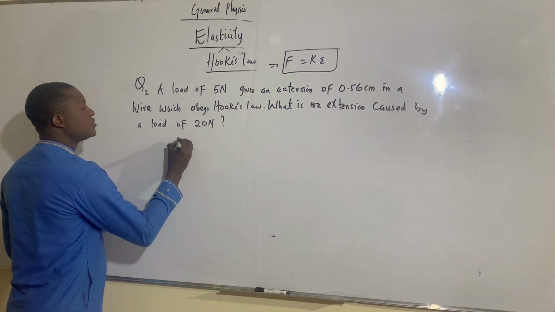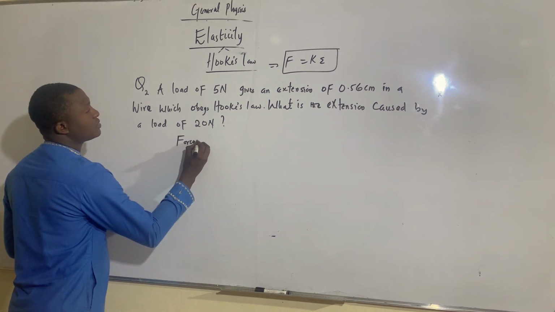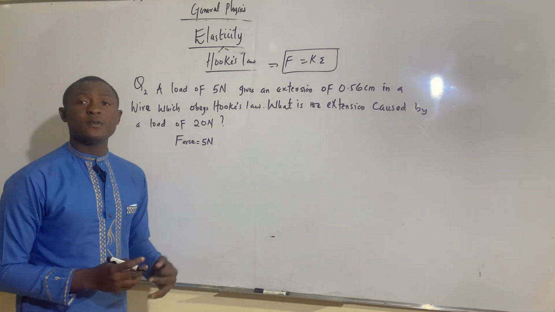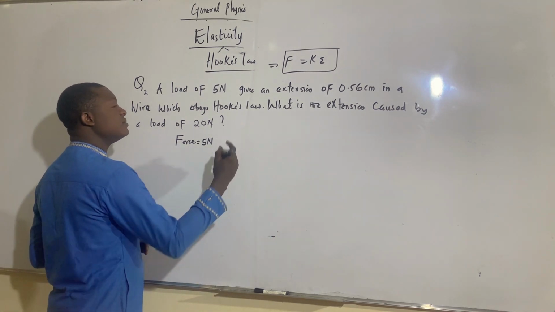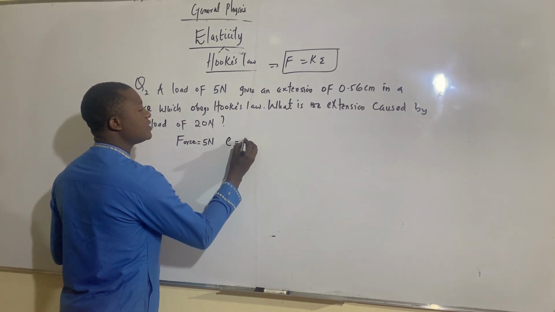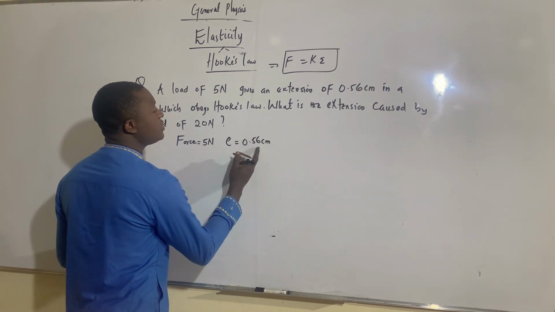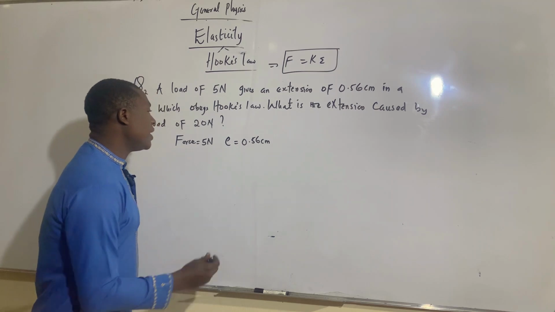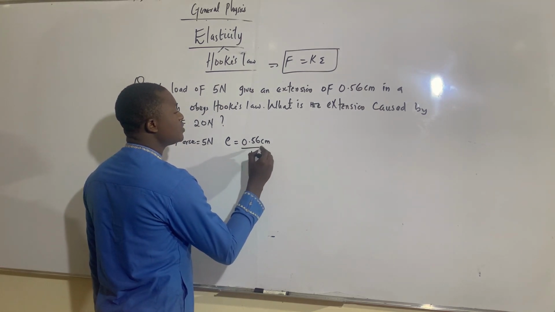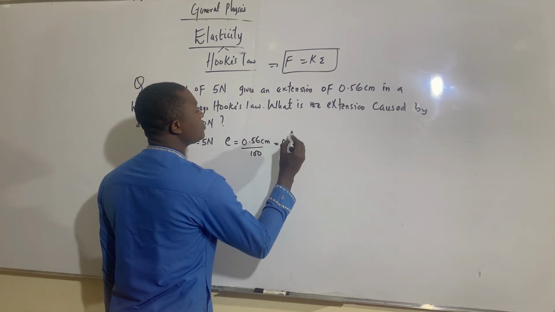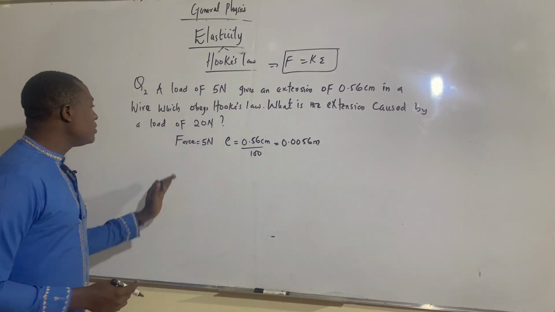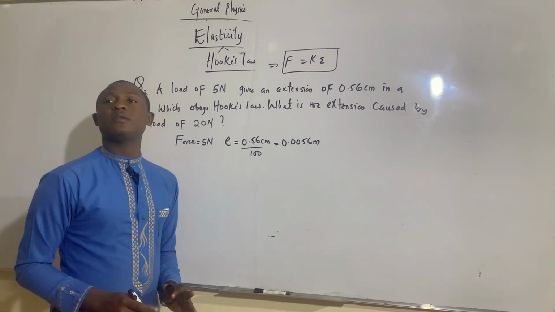So the given data, we are given force to be 5 Newton, which gives an extension of 0.56 centimeter. You can see here too, the value is in centimeter, we can still convert it to meter, so divided by 100. So here we can have 0.0056 meter.